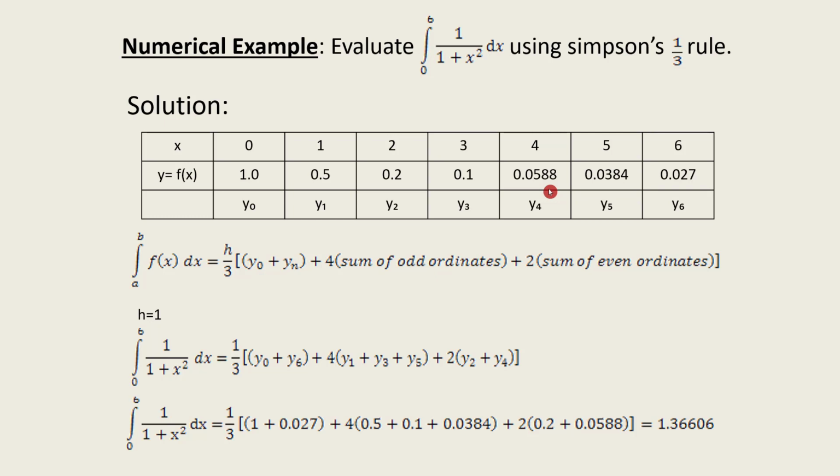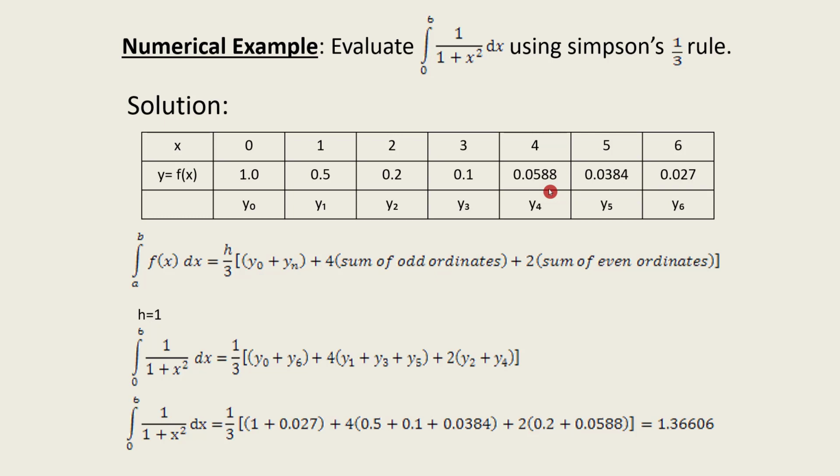Coming to our question, we can write the integral from 0 to 6 of 1/(1 + x squared) dx equal to 1/3 times [y0 plus y6 plus 4 times (y1 plus y3 plus y5) plus 2 times (y2 plus y4)]. Substituting the values of y0, y1, y2 up to y6, we get the final answer as 1.36606.